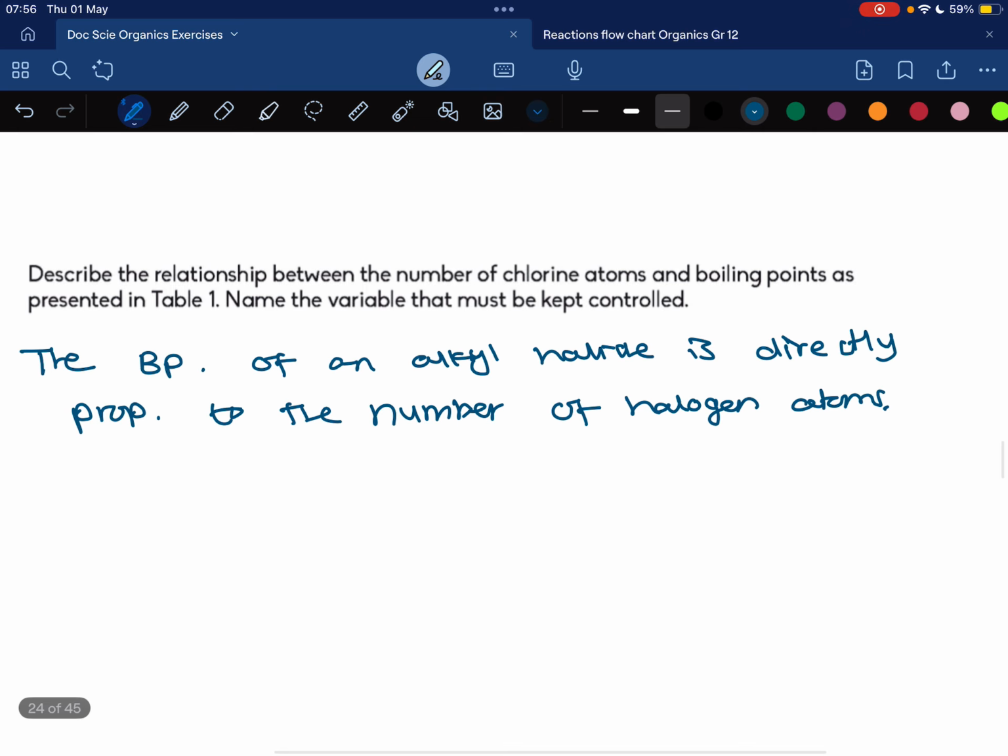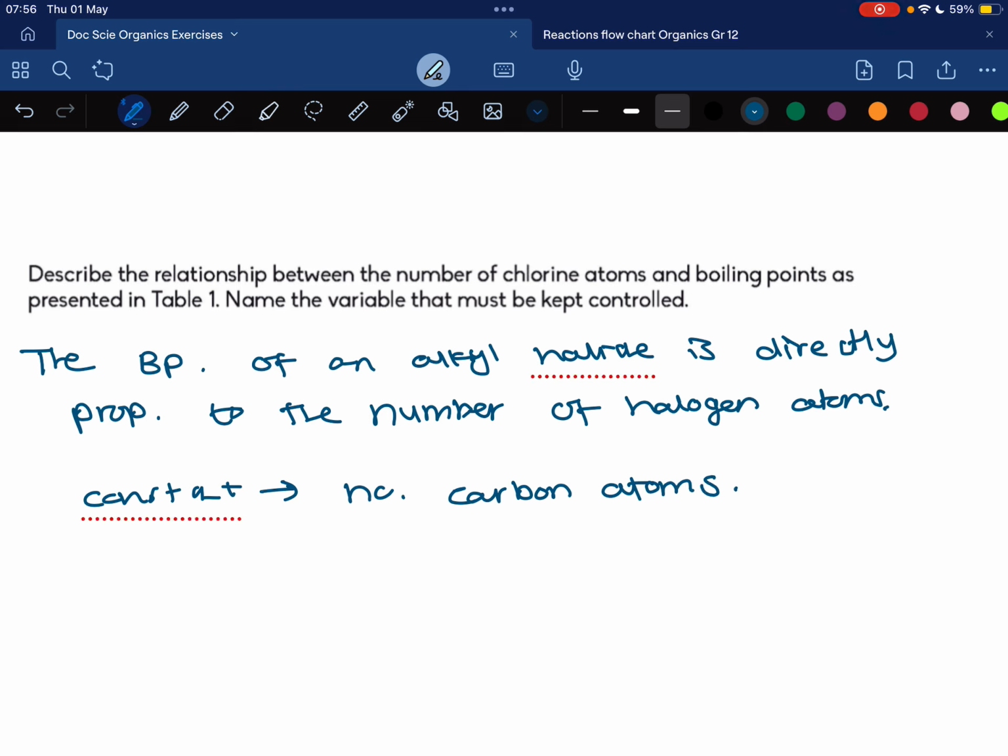Okay, so the constant will be the number of carbon atoms, because that's what I kept the same, and we also kept the type of halogen, so you can mention both of them.